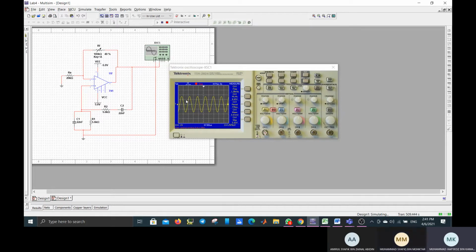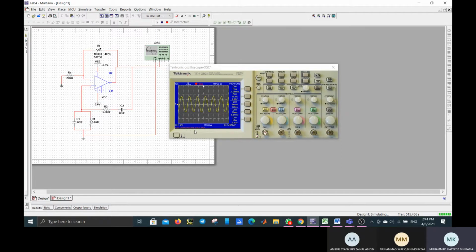After you build the circuit, you run the circuit, and after you run the circuit, you need to set up the oscilloscope. And then as you can see, the result. You can see the result in the oscilloscope over here.